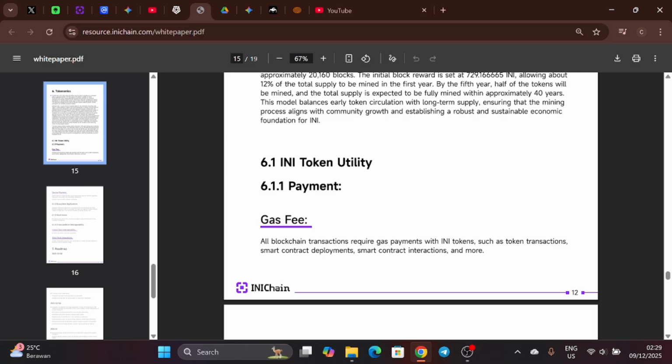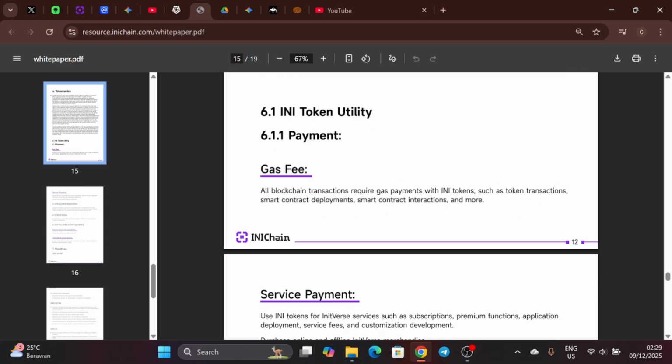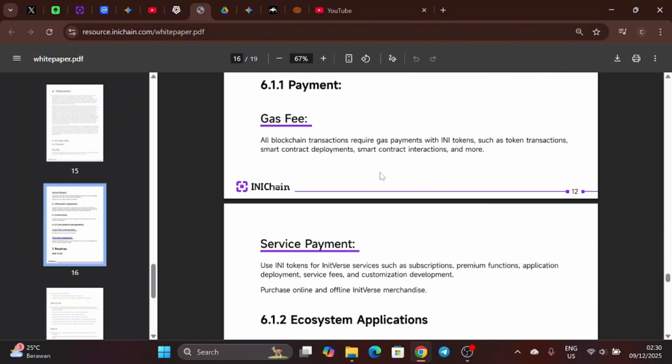while the economic model is one important thing because it generates the economic model of it. So payment is using gas fee. All blockchain transactions require gas payment with INI token, such as token transaction, smart contract deployment, smart contract interaction, and more.